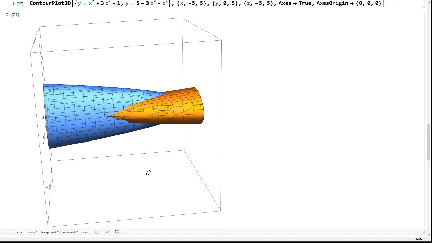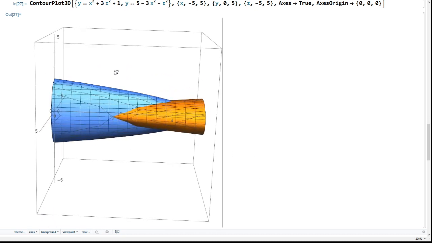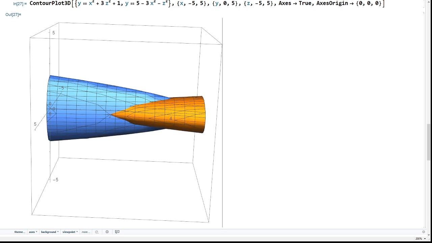So this is the shape we get right here. The orange one here is going to be, where's my cursor? Because it's never in the spot it's supposed to be. There we go. This one here is x squared plus 3z squared plus 1.